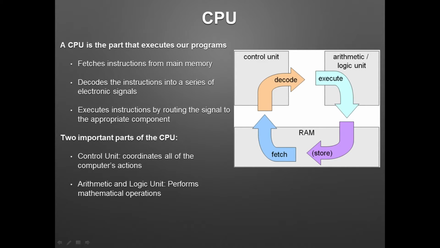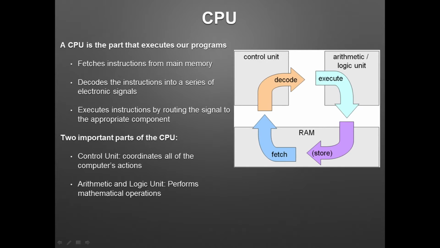The cycle is fetch, decode, execute, store, and then repeat as long as there are instructions in a queue here. Once it decodes the instructions, it then will process this instruction here, and then execute any commands that it has, store any data that it needs to. This data is stored in RAM.